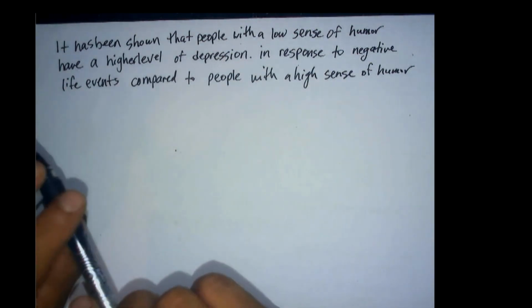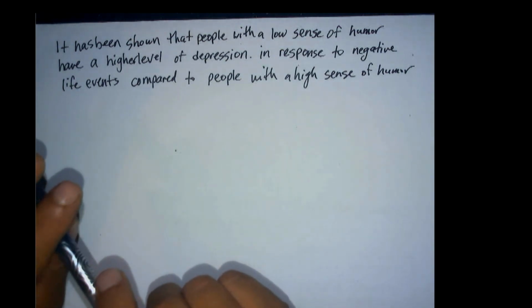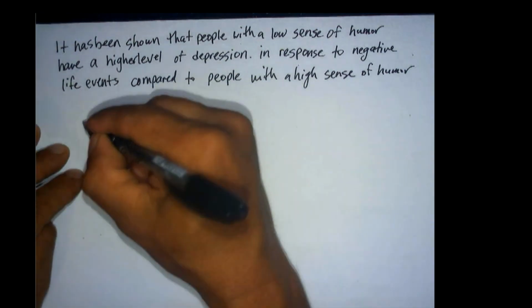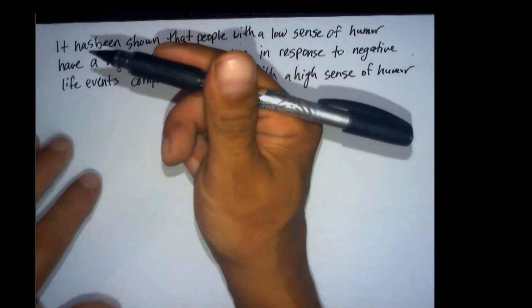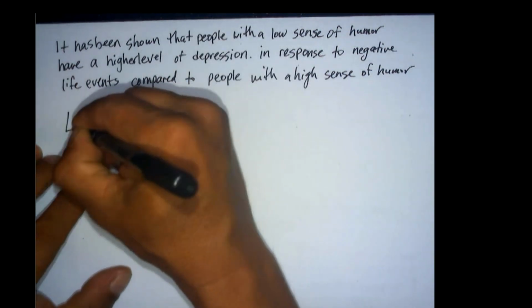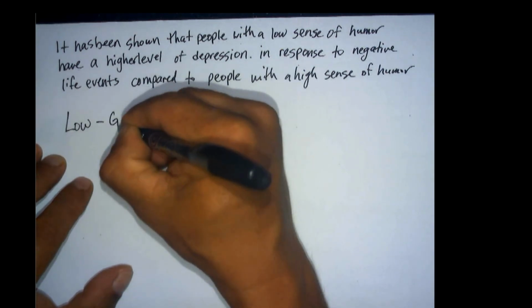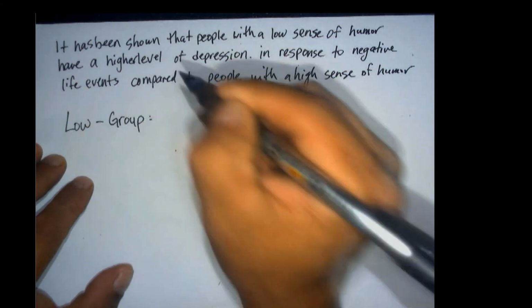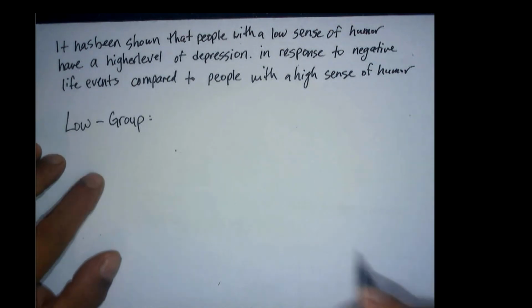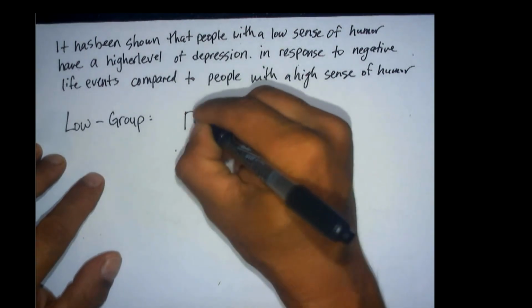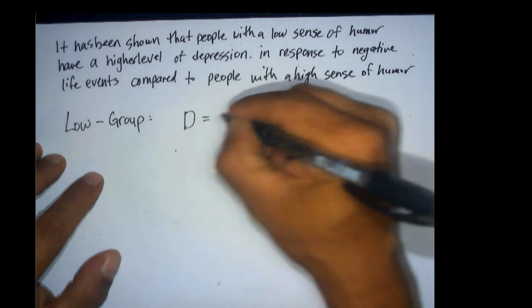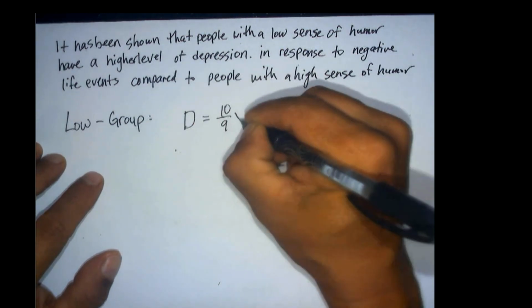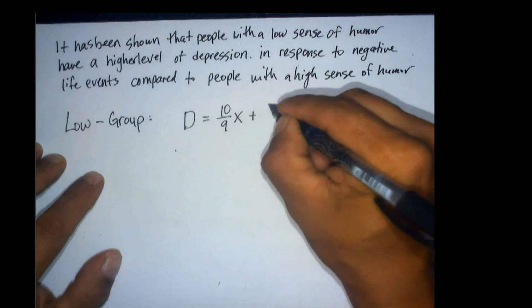Okay. So here's our formula. They say that this can be modeled. How you model sense of humor is, you know what I mean, but we're going to try this. So here's the low group is modeled as follows. D, which is the level of depression, is equal to 10/9 x plus 53 over 9.